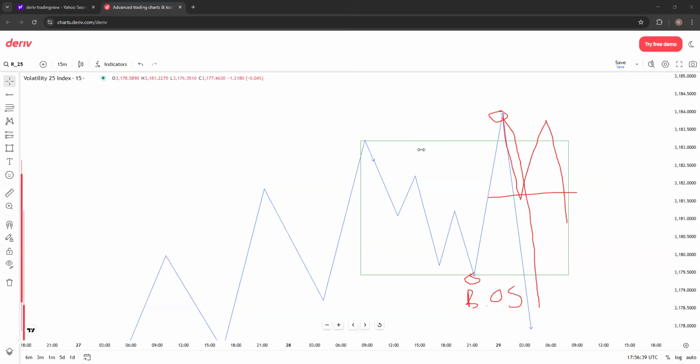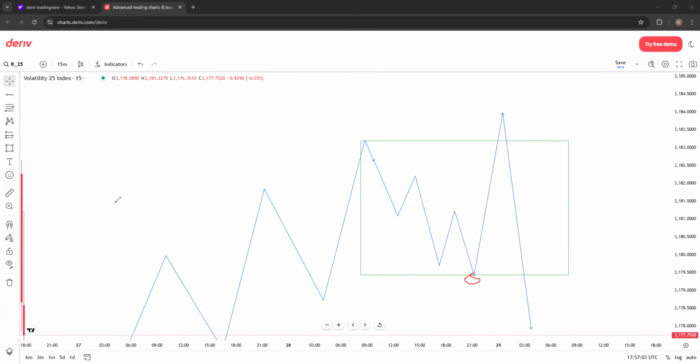Like this last illustration you gave, it moves from the high straight down and it's breaking of low. Then when is it change of character instead of breaking of low? That is what I want to get clear. Okay. It's a change of character when it fails to break a previous high.